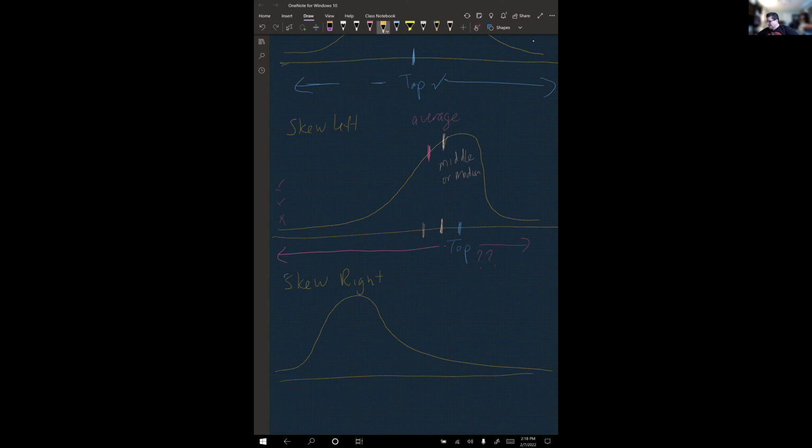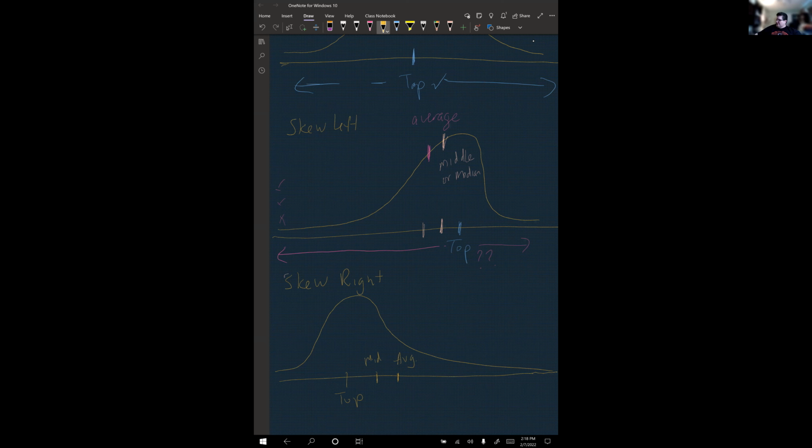Even though we've got the top right here, the middle tends to be closer to the top. And then the average is a little bit further to the right, because of those high numbers. If Elon Musk is in the room and we're talking income, he's going to make the average go way up. So the average is way away from the center of the peak.